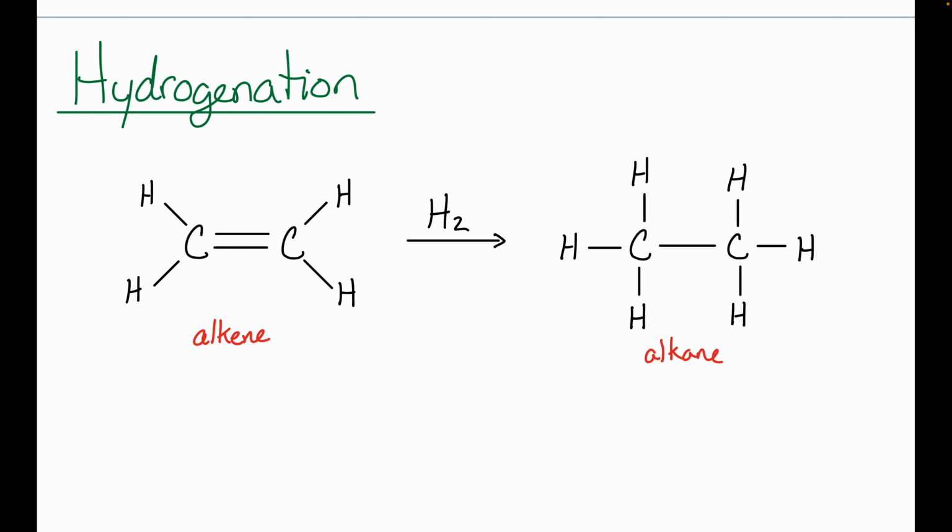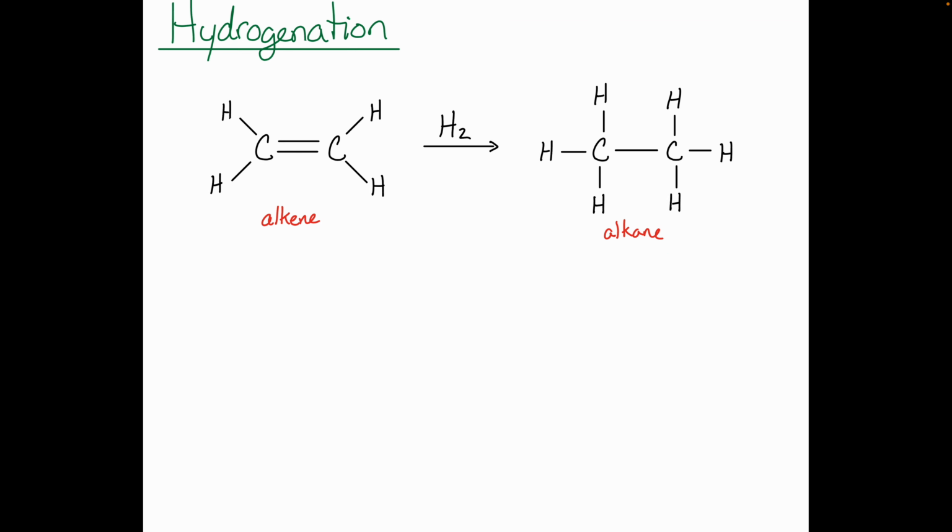You may have heard of hydrogenation before with hydrogenated oils. That's where they take those very healthy unsaturated fats and they hydrogenate them to make the delicious but less healthy saturated fats. But this is this hydrogenation reaction, adding H2.